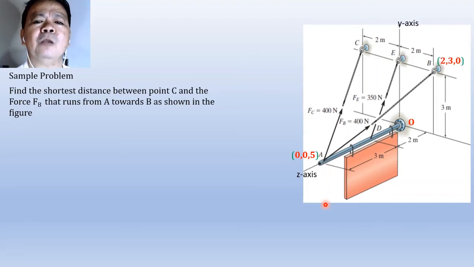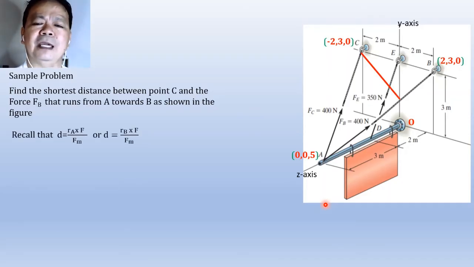While point B would have a coordinate of 2, 3, and 0, and that of C would have a coordinate of negative 2, 3, and 0. The perpendicular distance from C will run in this direction, and this is what we are looking for.